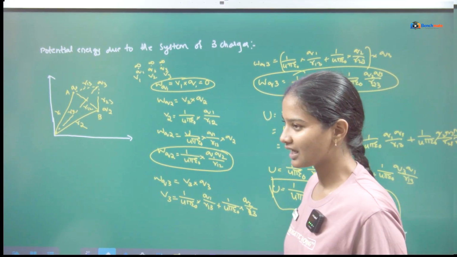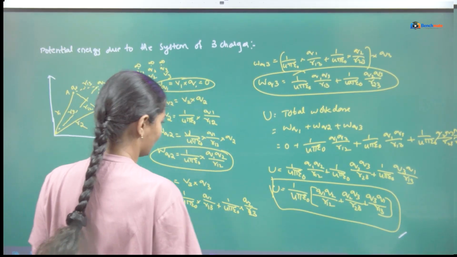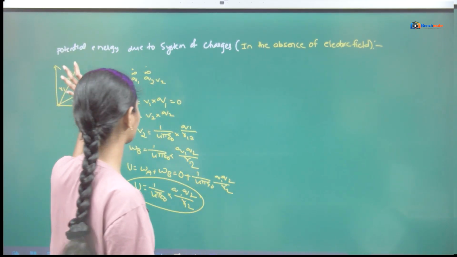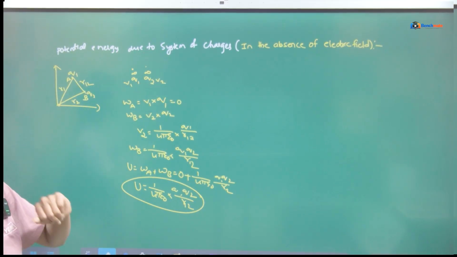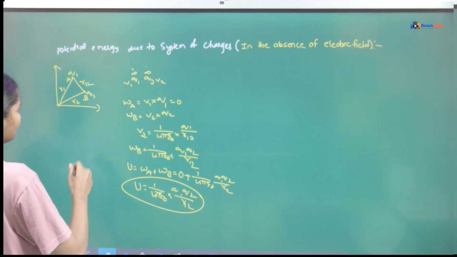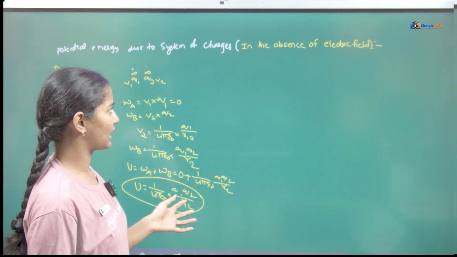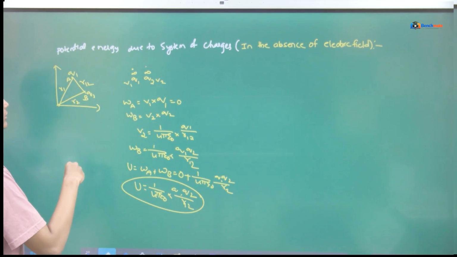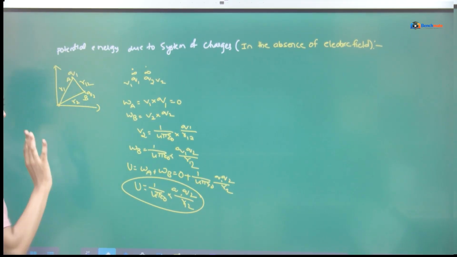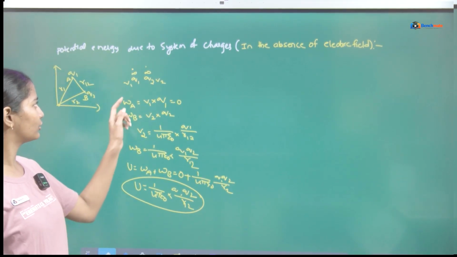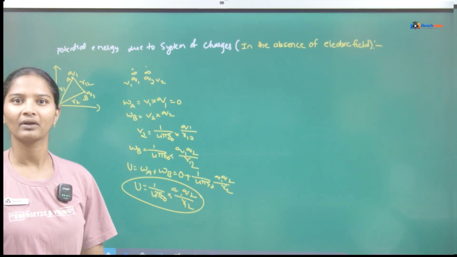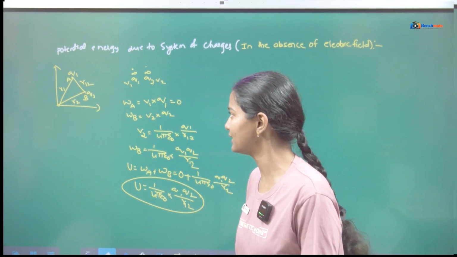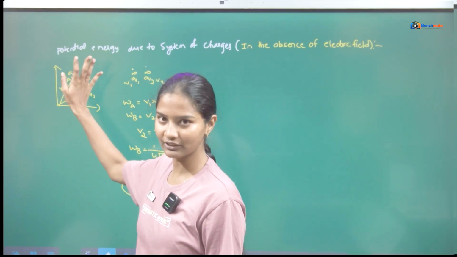Okay. The same derivation we have to solve in the presence of an external field also. The difference between that calculation and this calculation is, here, potential energy due to a system of charges in the absence of electric field. What we are assuming is, when I am bringing Q1 charge, there is no one in the system to oppose. So the work done due to Q1 is going to be 0. But in the presence of electric field, there is already an electric field here.